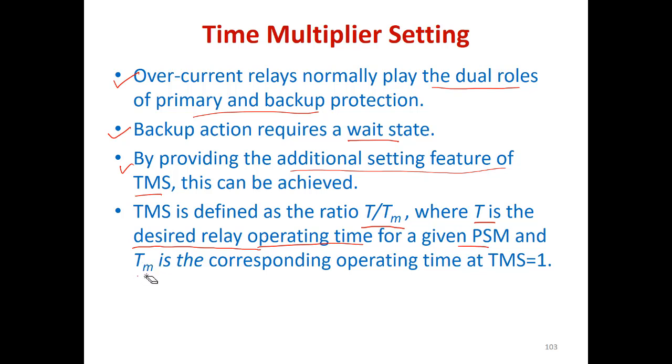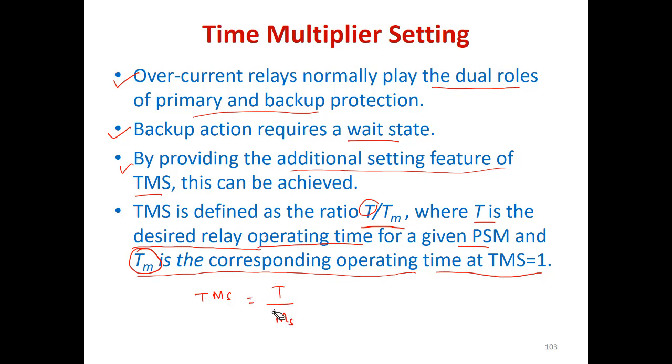And Tm is the corresponding operating time for that particular PSM when TMS equals 1. That is, at TMS equal to 1, what will be the operating time for the desired PSM is known as Tm, and T is your desired operating time. So TMS is T by Tm.